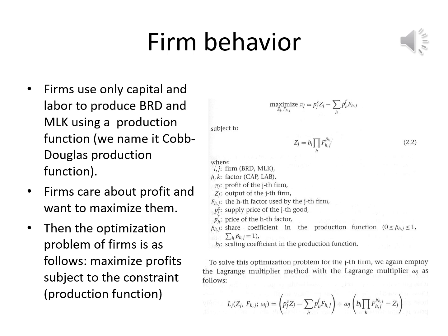Okay, so let's move on to how to solve the firm's behavior, the firm's optimization problem. How does the firm solve this optimization problem? In real life, firms do not really solve problems. They just do their business.